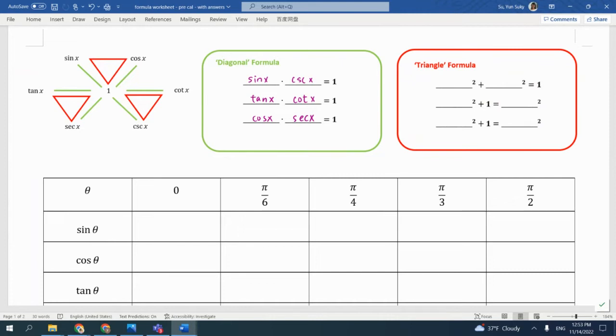You must memorize this. Okay, and then there are 3 upside down triangles. We have the sum of the squares of the upper 2 endpoints equals the square of the bottom endpoint, right? So therefore, this triangle, what do we get?